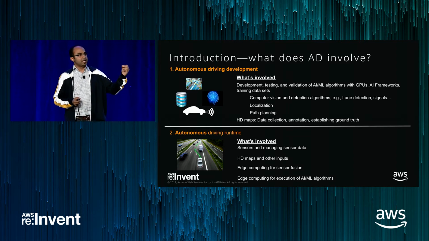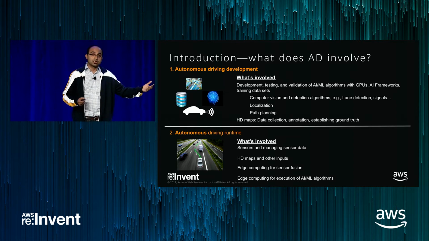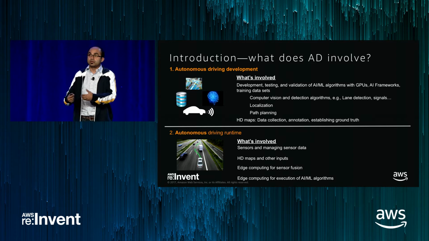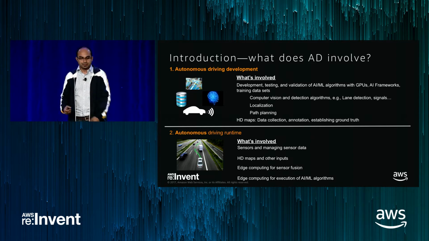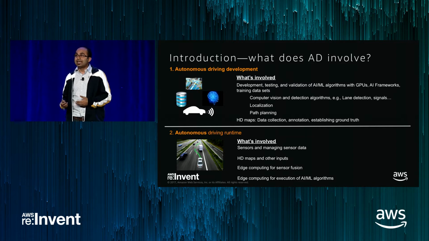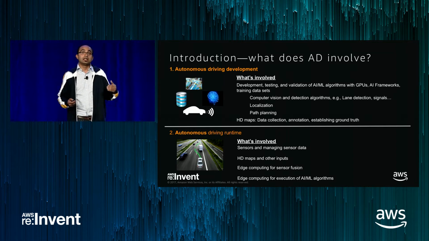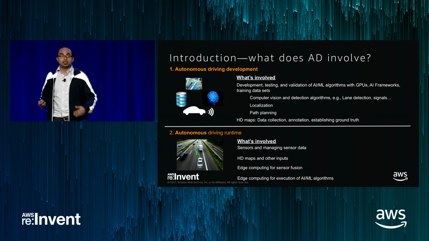We have edge computing. What I was alluding to is that we have a lot of sensors and a lot of data, and maybe you're connected to the cloud, but ultimately the decision needs to happen at the edge. And not just the sensor part: the AI, if you're doing detection of objects and lane detection, all of that still happens at the edge.